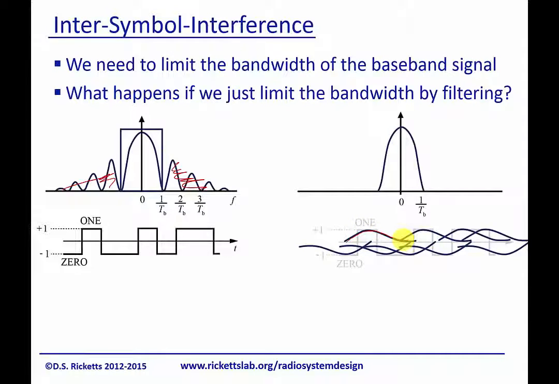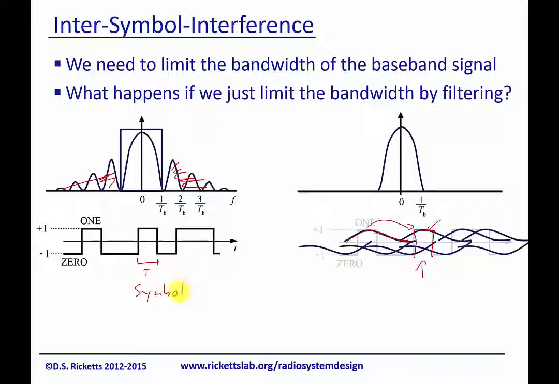And that in itself isn't a problem, but the pulse gets smoothed out and it kind of spills over onto the next pulse. And so what you have is at this point in time, you've got not only the response from the pulse you care about, but you've got all of this energy from previous pulses kind of spilling in here and causing interference. Because remember, each unit of time, we're transmitting a symbol.